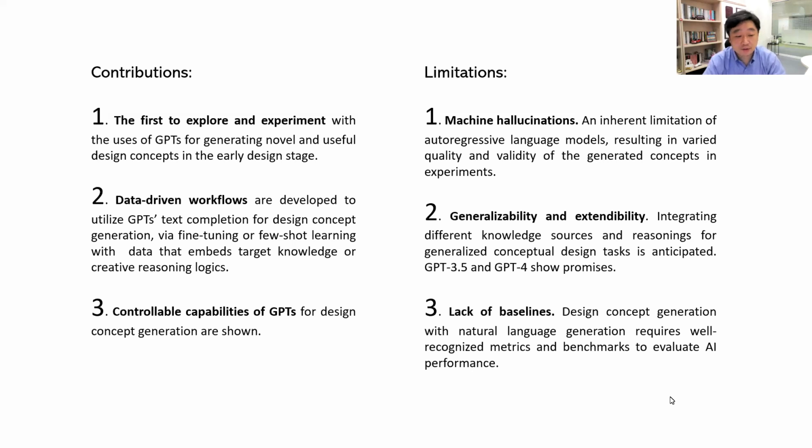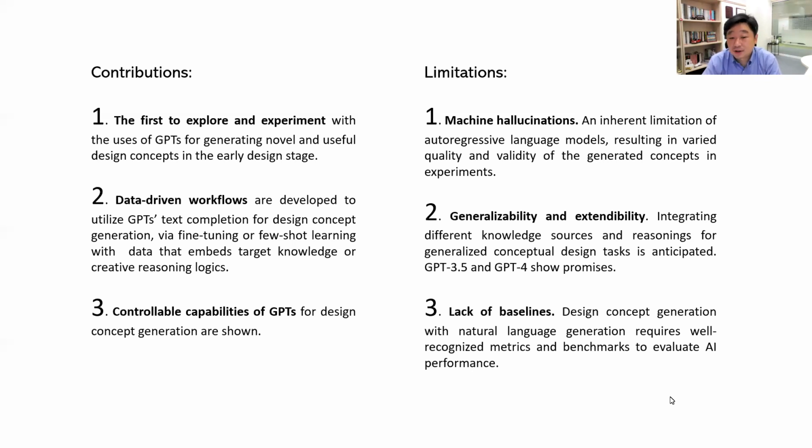Our experiments show GPT's capabilities for design concept generation are controllable, as I explained based on the results of our experiments earlier. Our results also show some of the generated text representing concepts is of no quality, no validity.